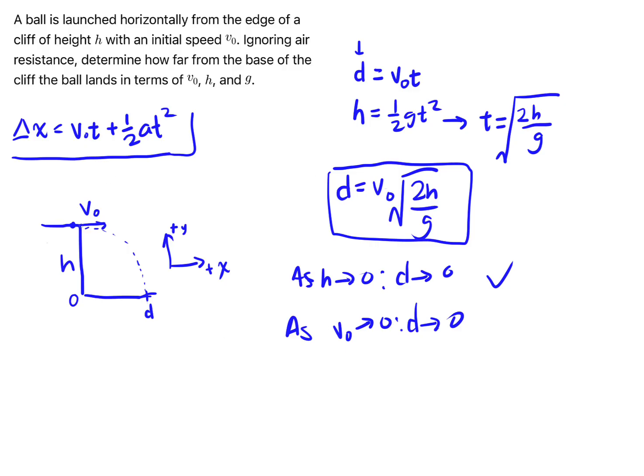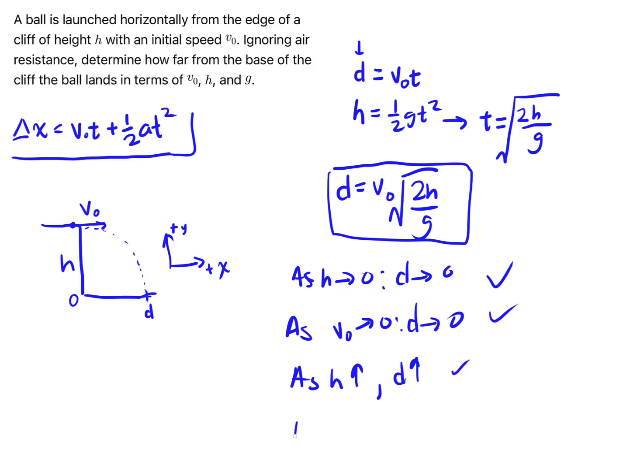And this again makes sense, because when you have a very small velocity, you're not going to get very far either. So that checks out. And as h increases, this whole term gets bigger, and so d increases. And this does make sense. If you raise the height, the ball will fall for longer and therefore will go further.